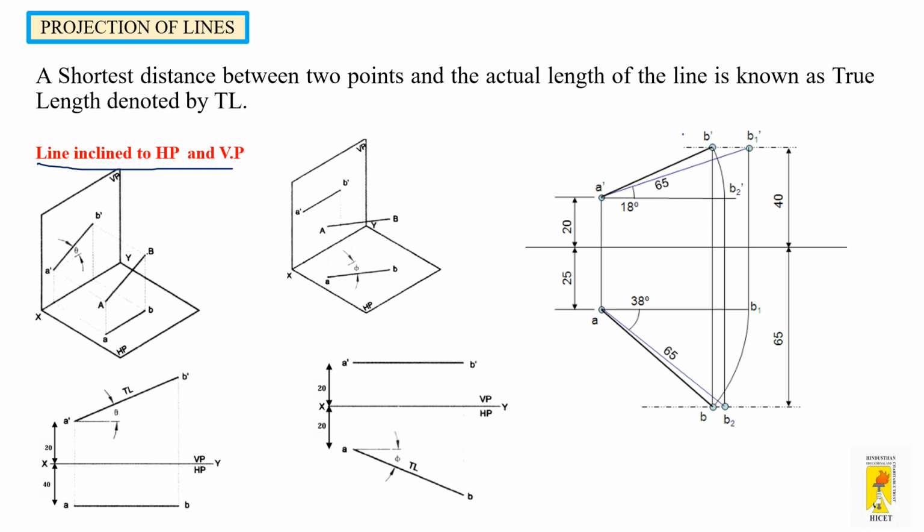So by using a rotating line method, I'm just going to combine these two views to get the top view and the front view of a line inclined to both the planes.